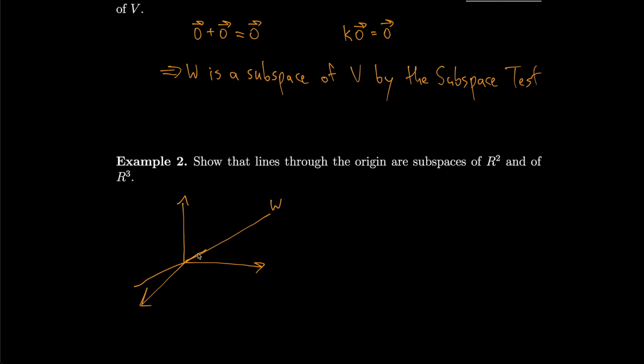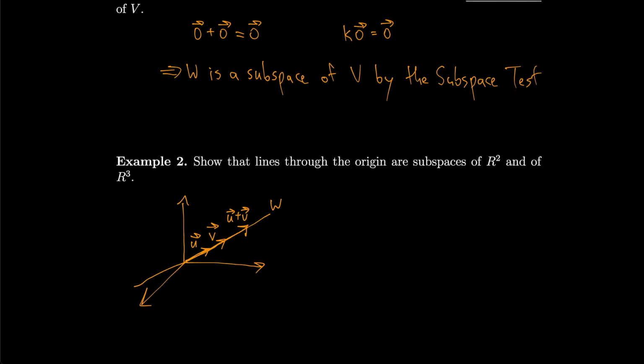Notice if I draw any vector U on that line and any other vector V, then for their sum, I'll just take vector V and stick the tail of V onto the tip of U. So it looks something like this. That'll be U plus V. And that's obviously on the line W, any sum will be.